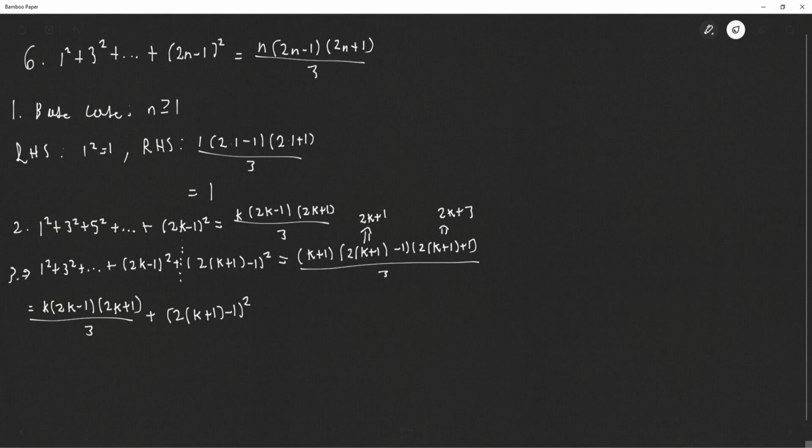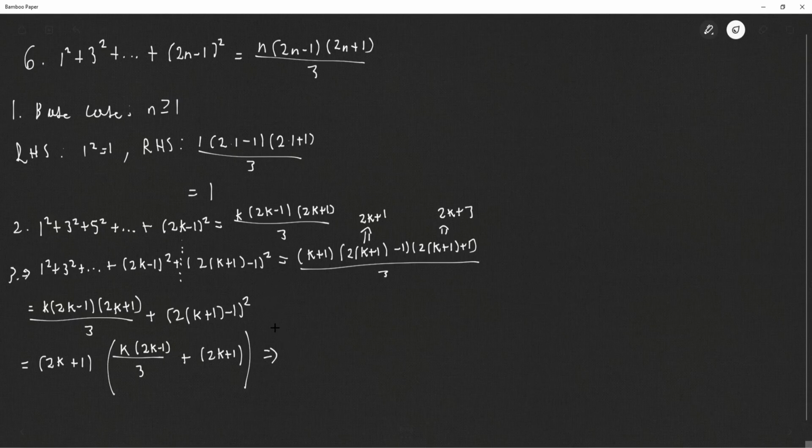And just like normal, we're able to find something to factor out. So here we're able to factor out a 2k plus 1, which will leave us with k times 2k minus 1 divided by 3 plus 2k plus 1, all in the end bracket. And now we want to simplify what's inside the bracket.